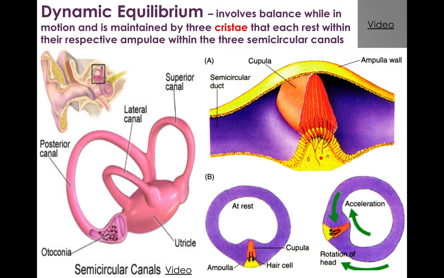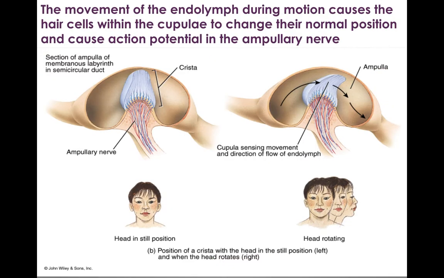That's just about as much as it is. This is about as much as we need to know for Bio30. So here's just another way of looking at it. You can really see the cupula here, which is changing position, and of course the hairs, which extend, will also change their position as movement occurs.